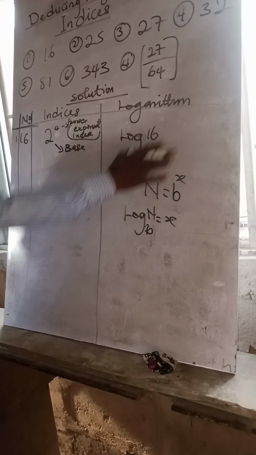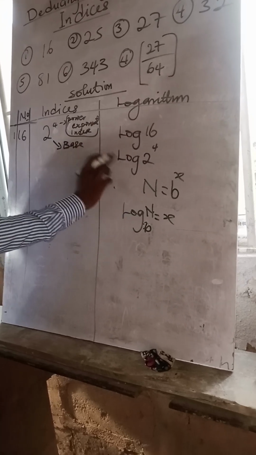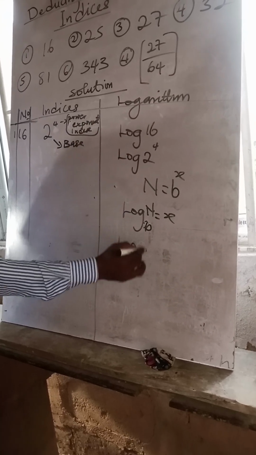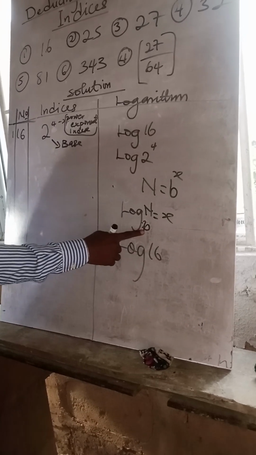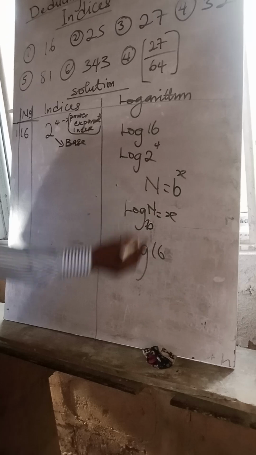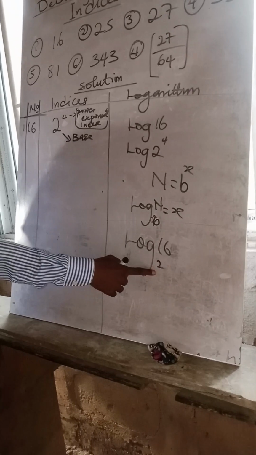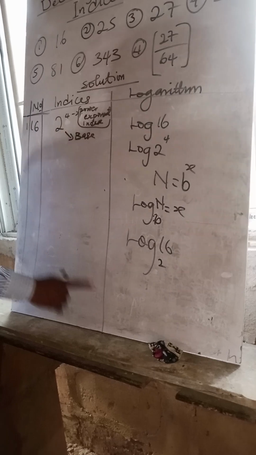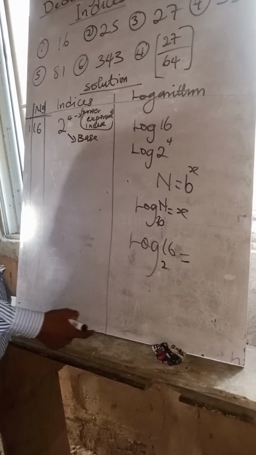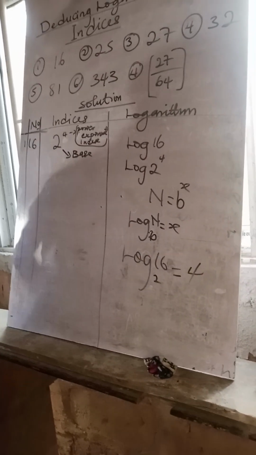We are just doing this as rough work to give us an answer here. Let's translate this. It becomes log, our value is 16, and our base is 2. Remember, here the base in logarithm is the bigger value in indices. So log 16 base 2 is equal to, what's our power? The power becomes our answer.